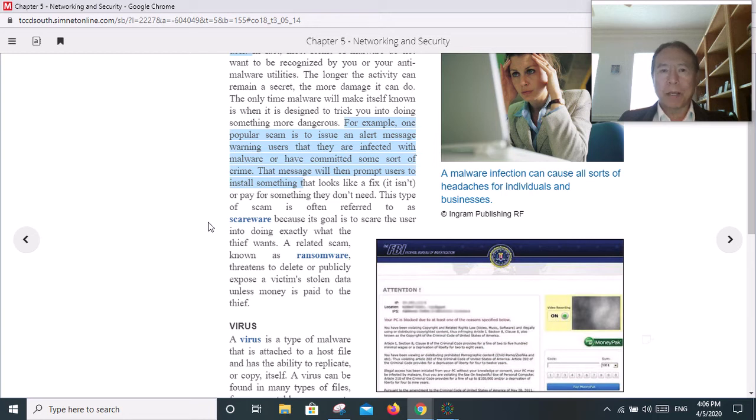You need to make sure it's really from someone you know, like from your IT guy or your admin guy. If you have any doubts, you may want to verify. How can you verify? You pick up the phone and call the guy to say, hey, you sent me an email asking me to download something to fix the problem.